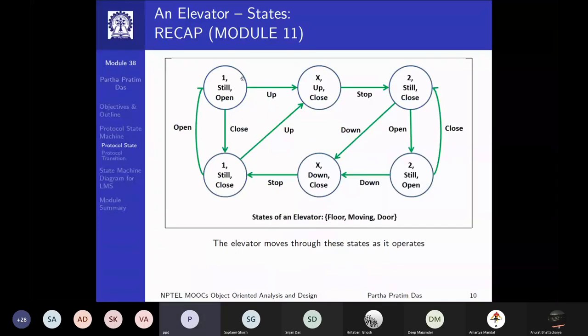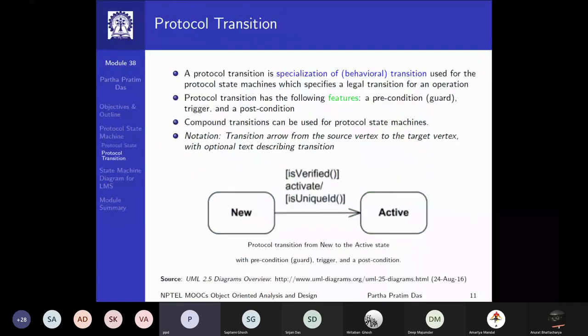Here, I have annotated the states inside just to make things clear, but these are the different protocol actions that you take. So you can see that there's not a very significant difference between behavioral and protocol transitions, except that in a protocol state machine, the transitions have to be very well defined, because that is what you are modeling.